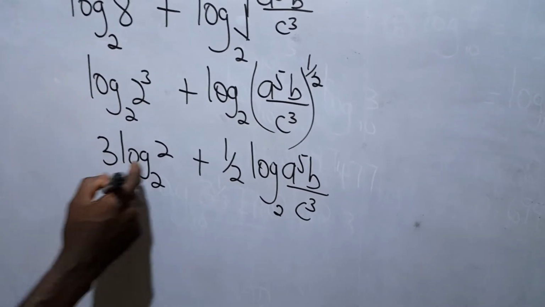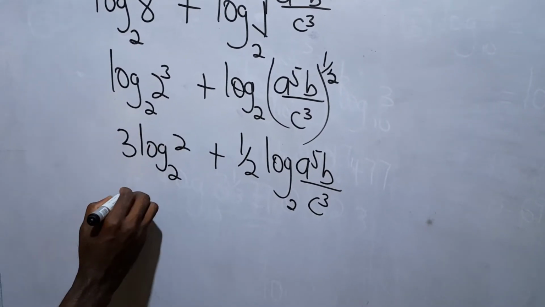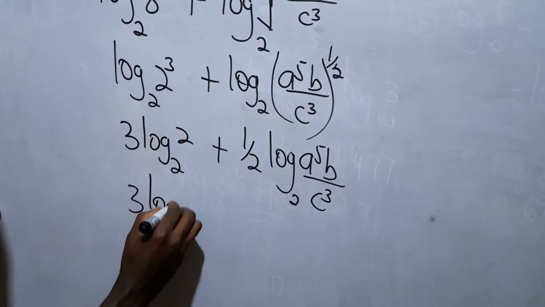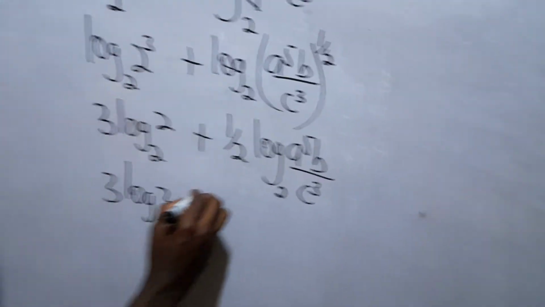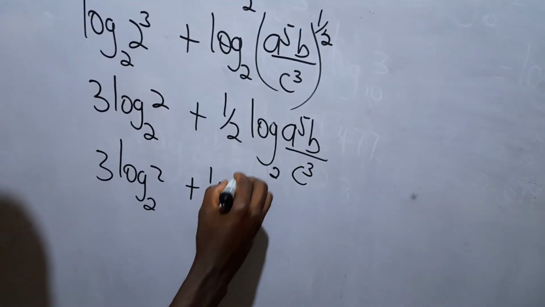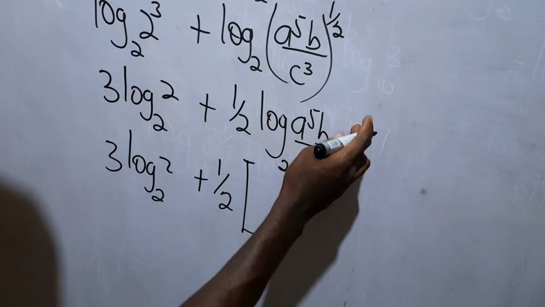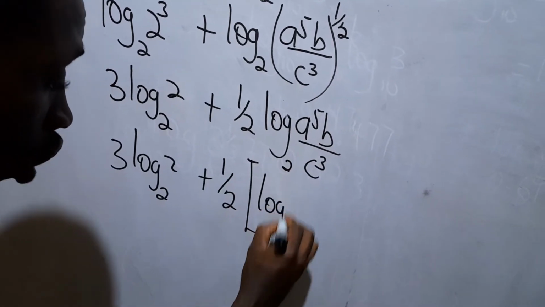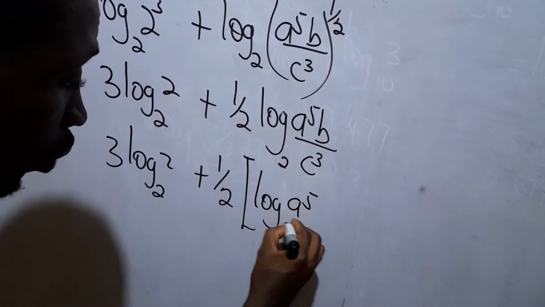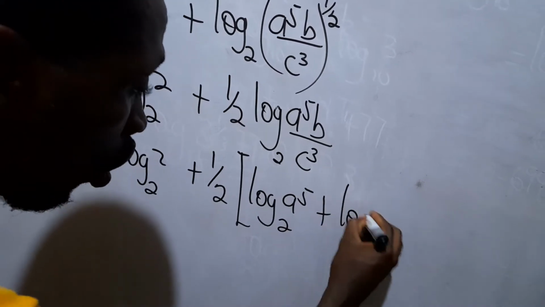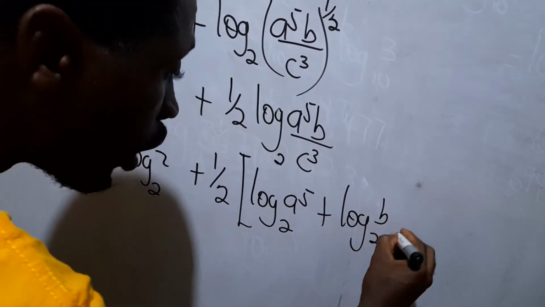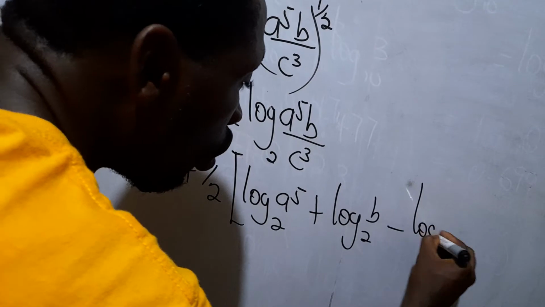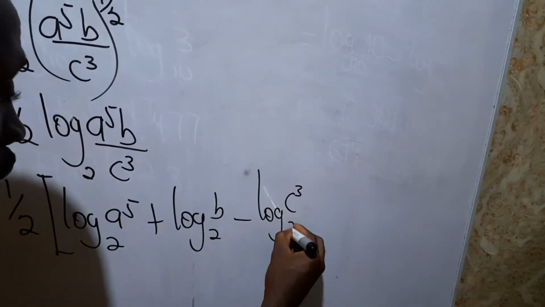So we have log 2 base 2 plus half bracket, the half is multiplying everything, log a exponent 5 base 2 plus log b base 2, then minus log c exponent 3 base 2.